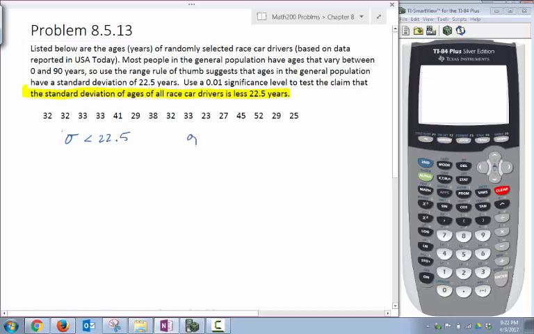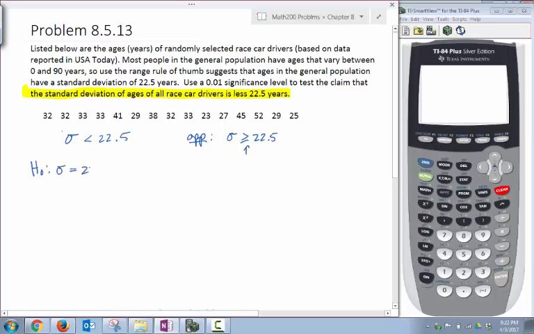That's the claim, so the opposite of the claim must be that the standard deviation is bigger than or equal to 22.5, and the opposite has a condition of equality, so that will work as our null hypothesis.